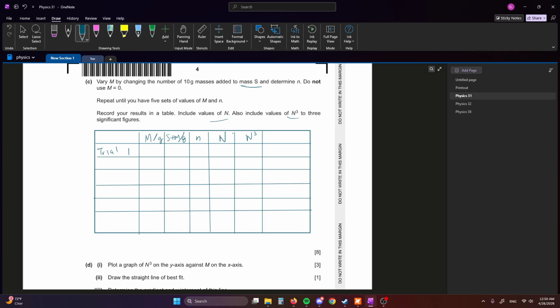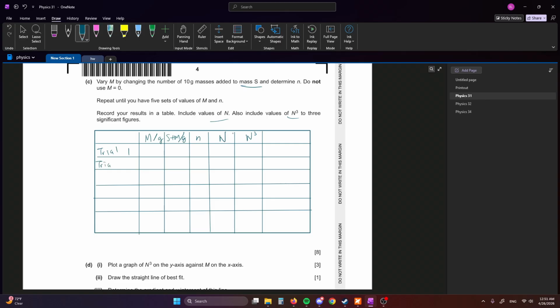In the mark scheme, it says that each column heading must contain a quantity and a unit where appropriate. So like this, like that. There's no unit for these. The presentation of quantity and unit must conform to accepted scientific convention, which is as shown here with the grams.